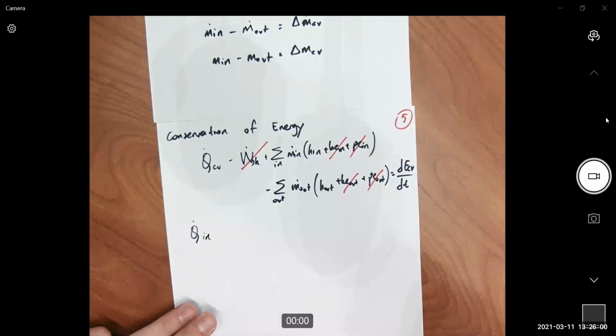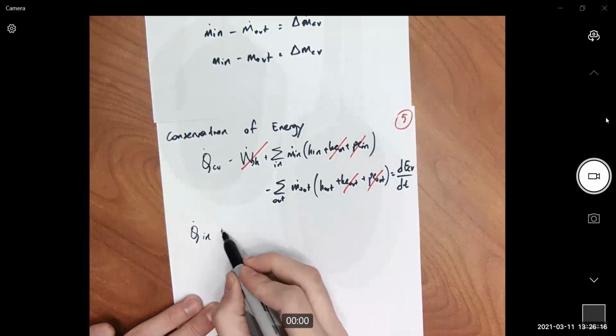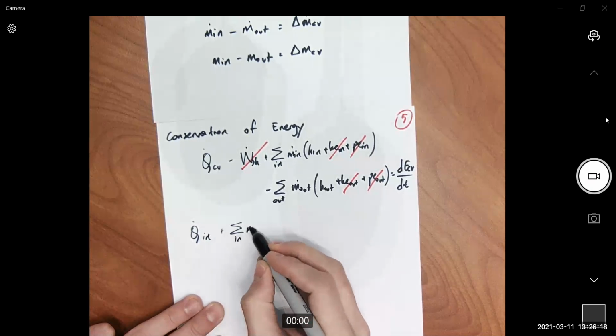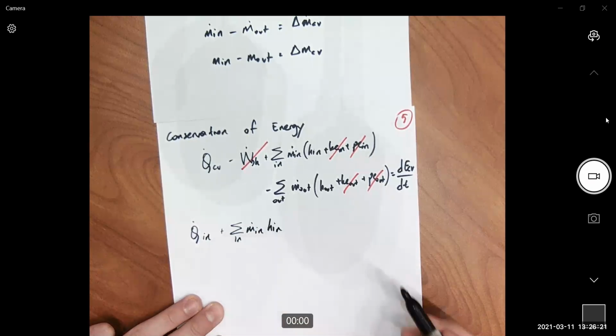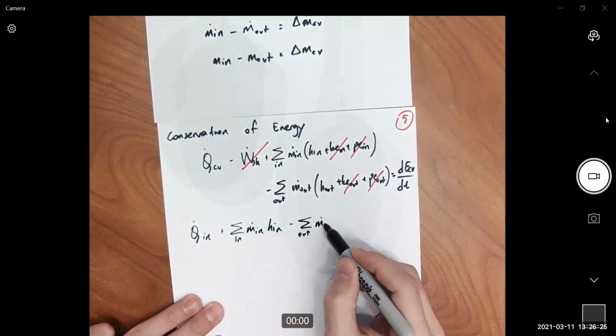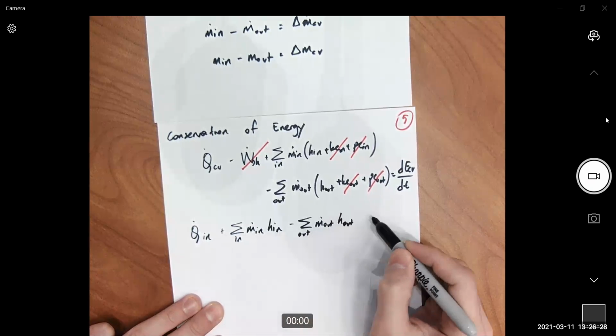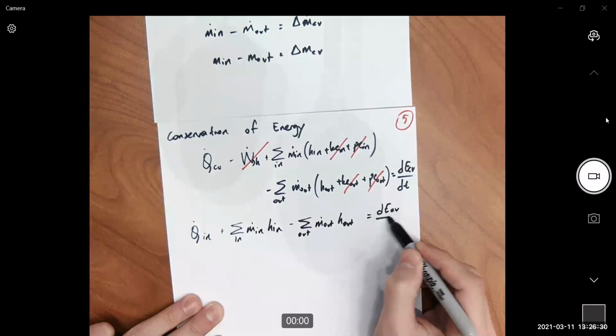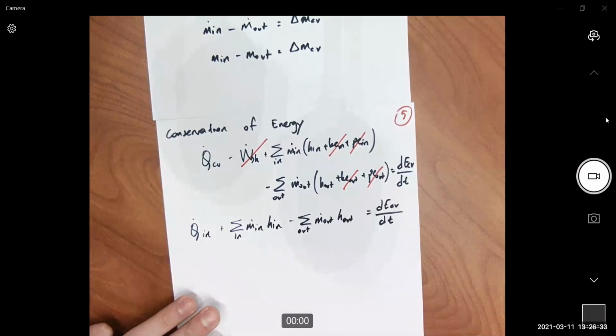That's the case. Q in I think is a solid assumption because I can tell from the problem. But if you're wrong, you will find it at the end. Not a big deal. Or you can continue with Q control volume: Q CV plus the sum of mass in times h in minus mass out times h out equals dE/dt.